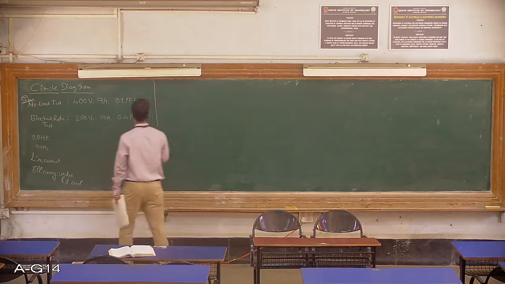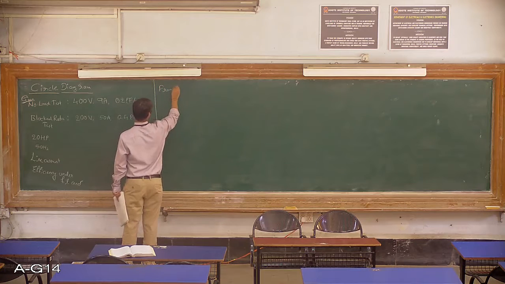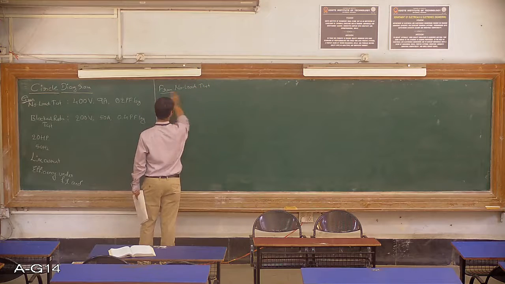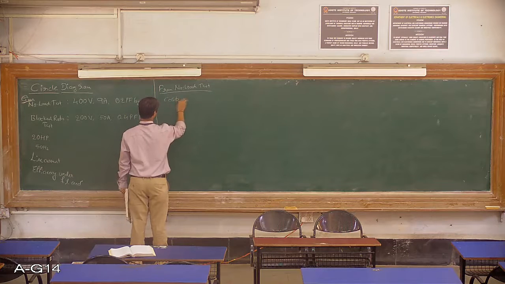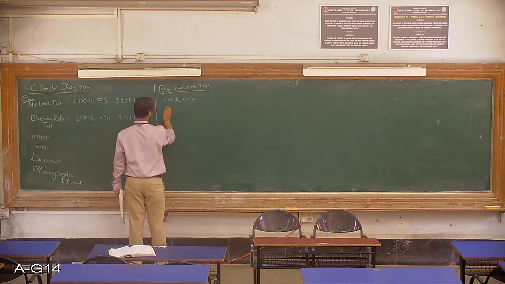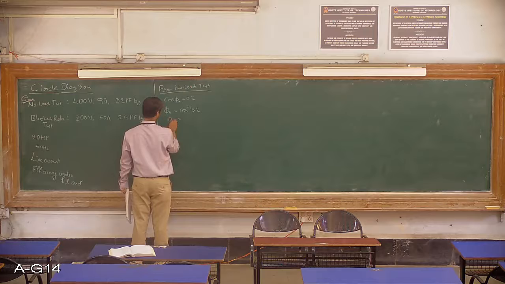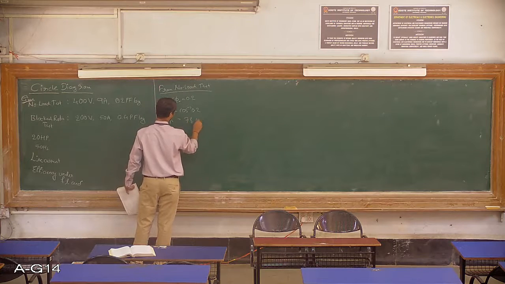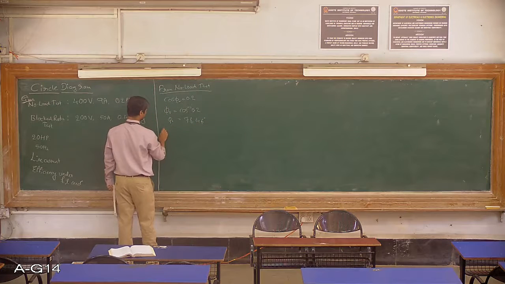Here from no load test, they have given cos phi naught is 0.2, so phi naught is cos inverse of 0.2, so phi naught will be 78.46 degrees.